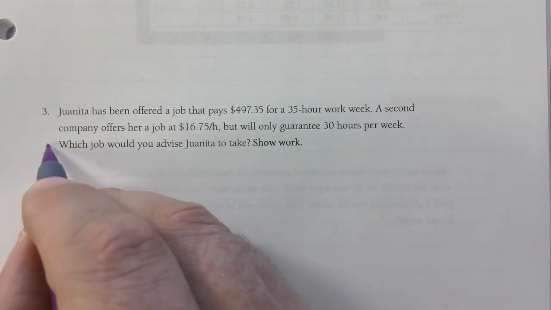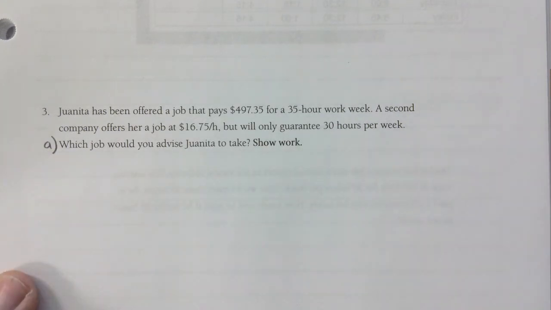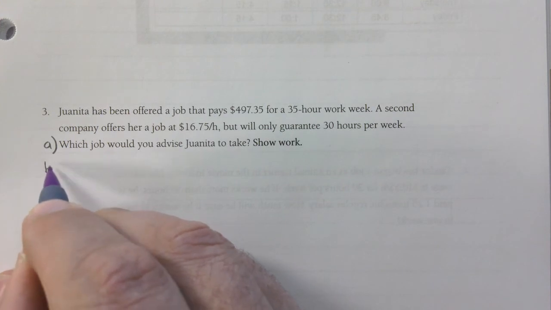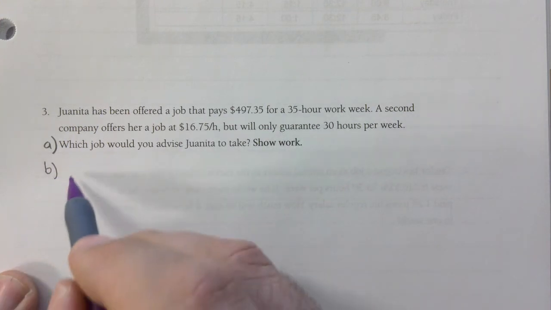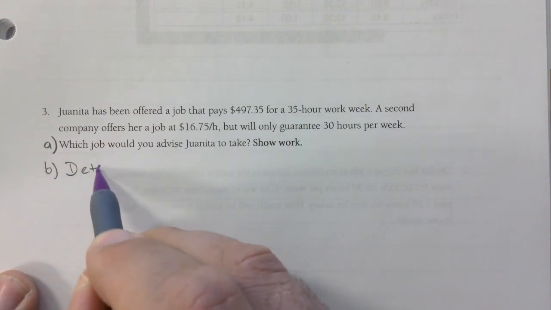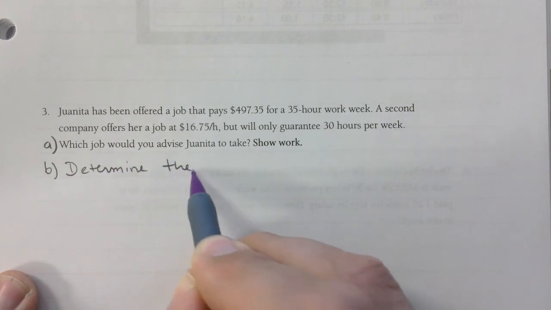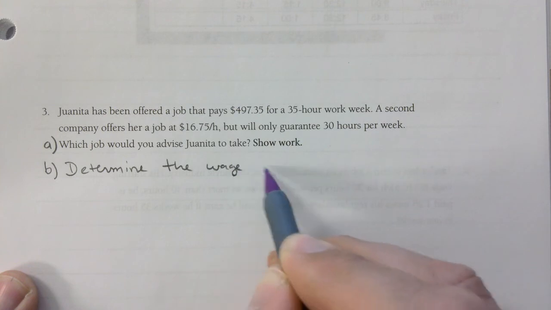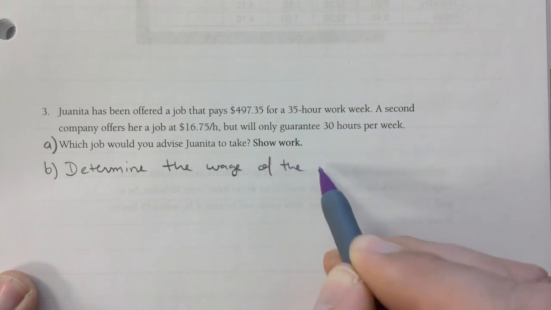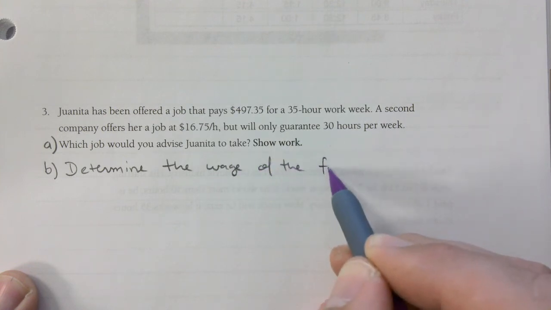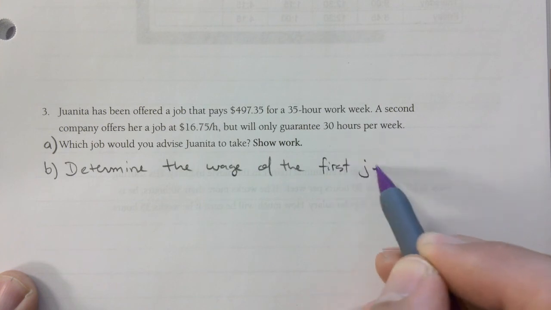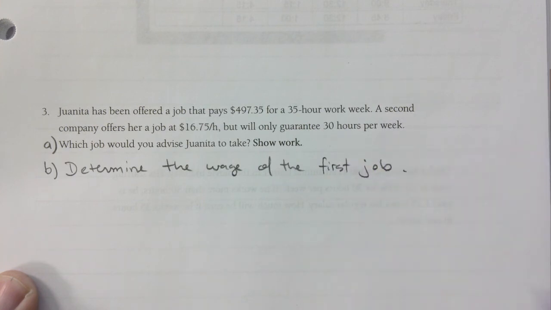We're going to call this A, and there's going to be a B section. Determine the wage of the first job. So I want there to be that part. So this is on page 15, question 3.